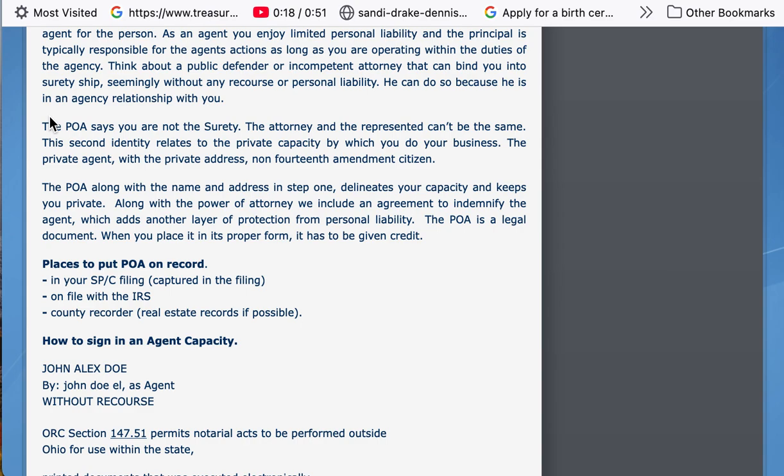And this is how, when you get to the secured party creditor filing, you have a power of attorney because you're operating as the agent for that business entity or business transaction. And you typically have an indemnity agreement because you're also demonstrating that I'm not the surety and I'm indemnified. So I've got to be held harmless for all these commercial transactions.